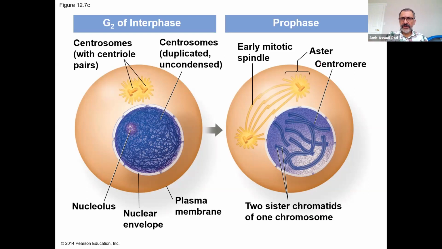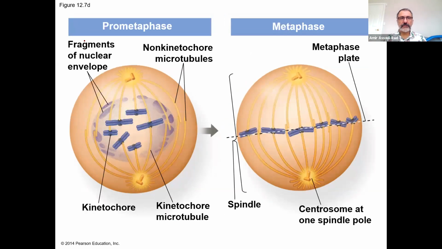Here they're showing you, do not confuse these two terms, centrosomes and centromeres. Right here, the kinetochore, those are the protein molecules that the non-kinetochore microtubules attach to and then pull the chromosomes apart. Metaphase, and right here, the spindle.